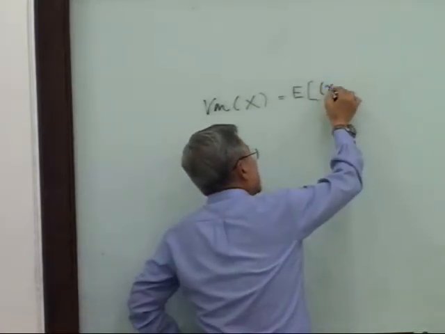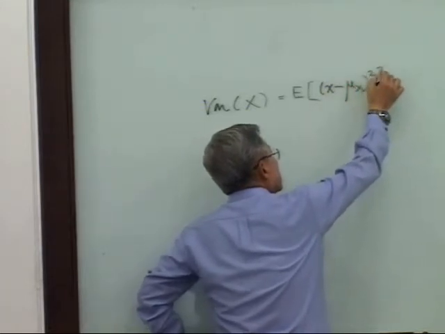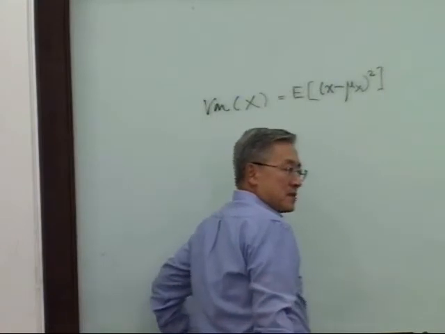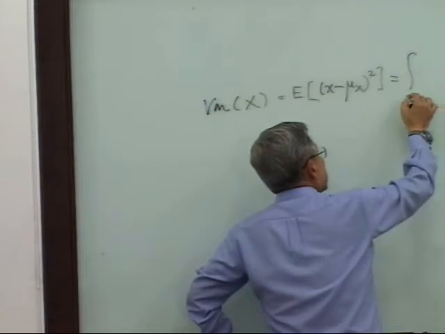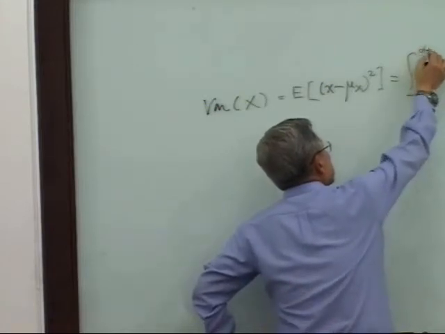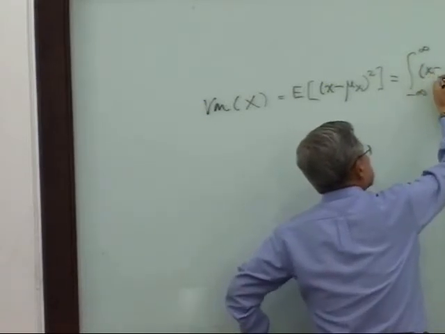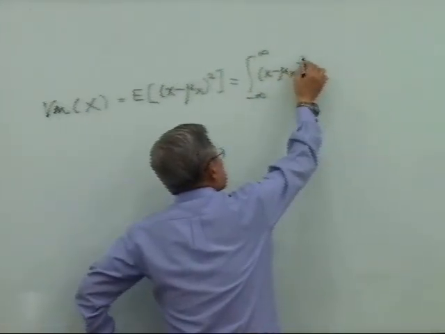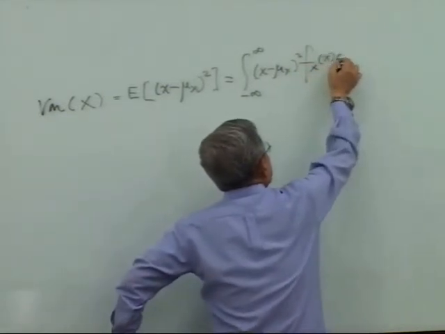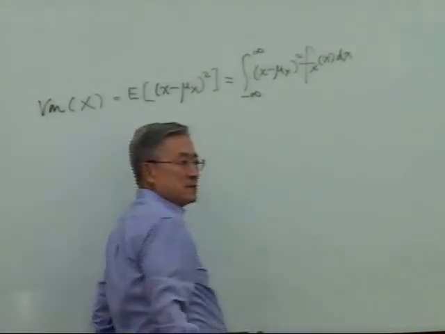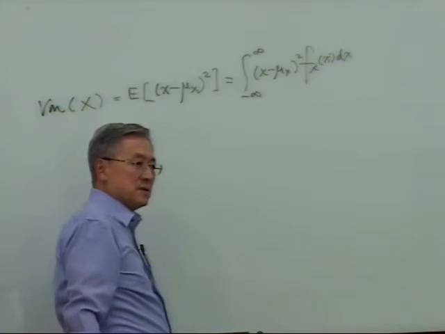Definition: x minus mu x squared, isn't it? Or if you write it as an integration from minus infinity to infinity, x minus mu x squared f x. That's what the original definition of the variance is.